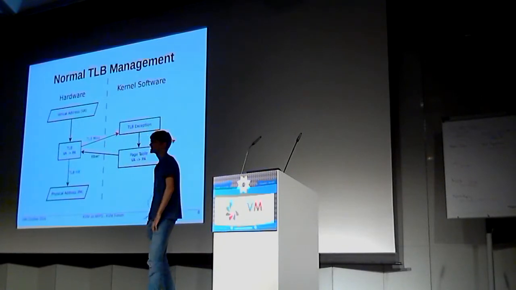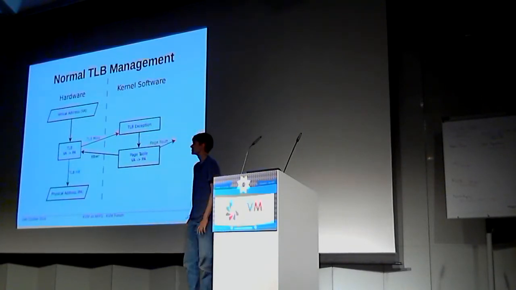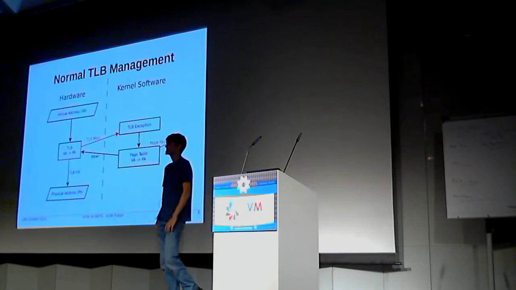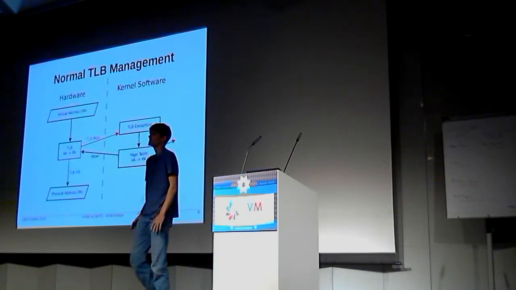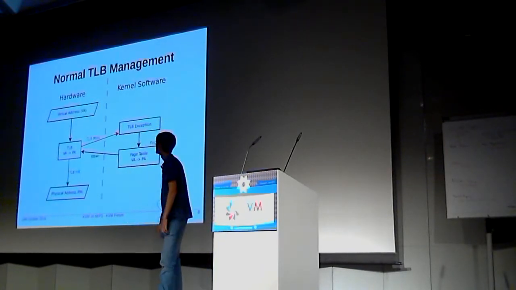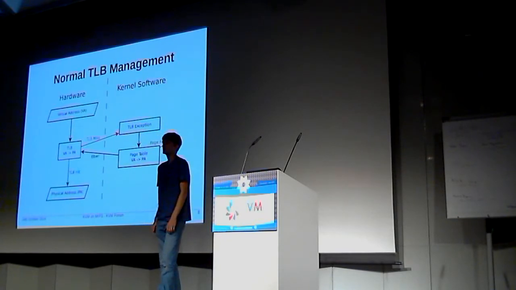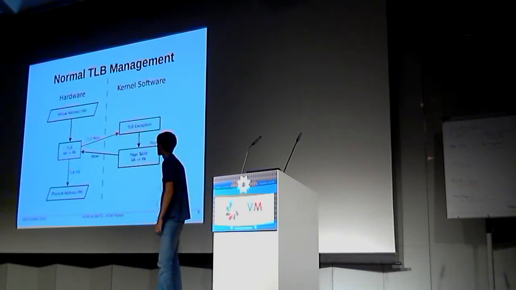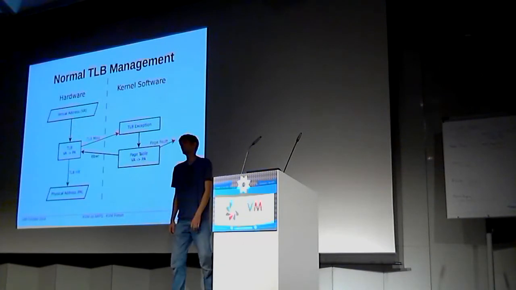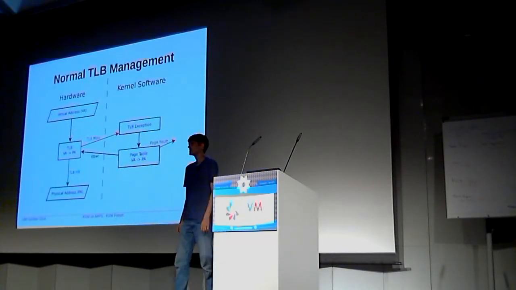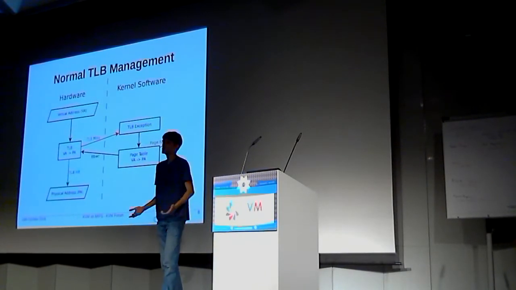Whereas with MIPS, instead of the hardware walking the page table, you'd normally get a TLB exception whose job it is to walk the page table and then write a value back into the TLB for it to use. This is normally a bit of code which is generated at boot time, dynamically based on what core it's running on.